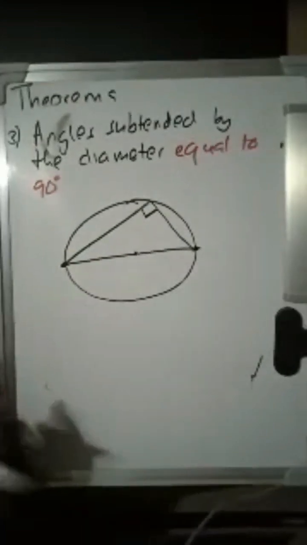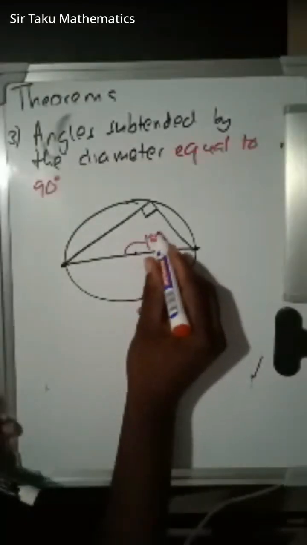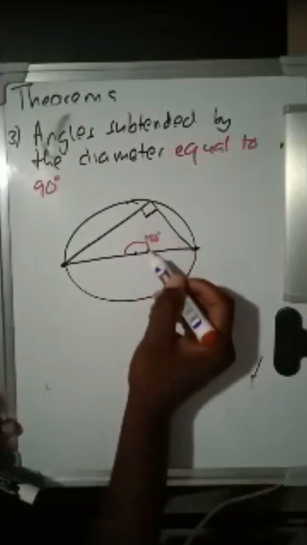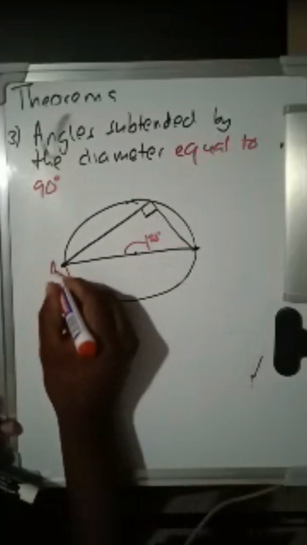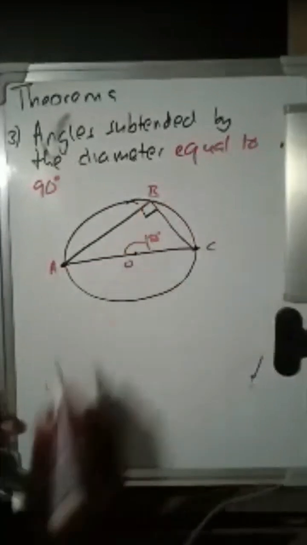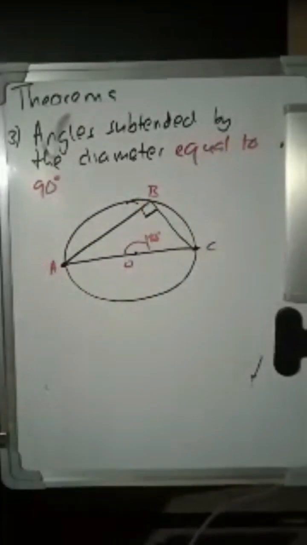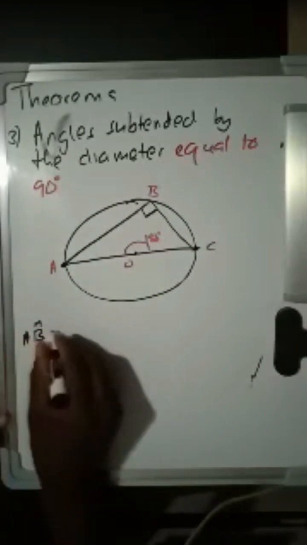Because at the center there, this one is 180, so it is half of 180, which is 90 degrees. That is A, B, C, and this one is O. AOC is 180, therefore ABC is 90 degrees. The angle subtended by the diameter equals 90 degrees.